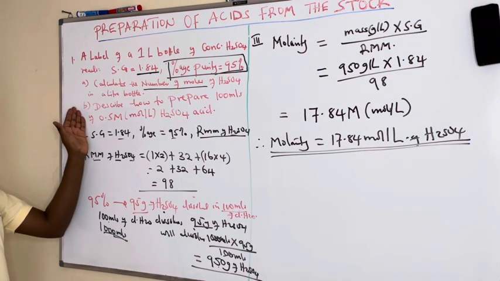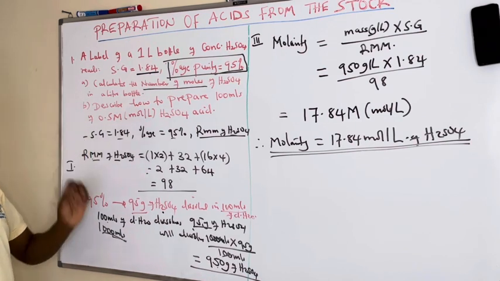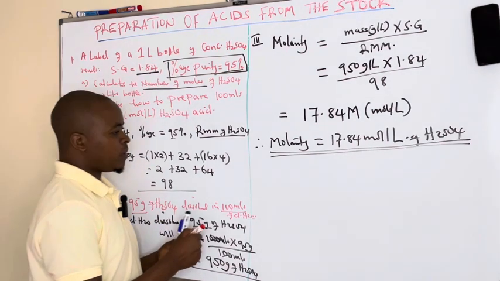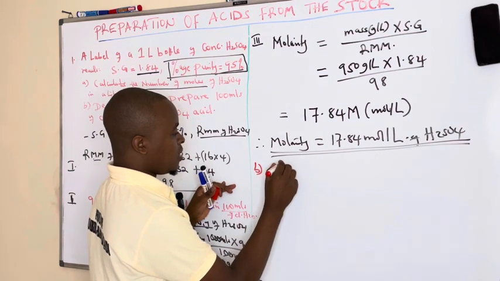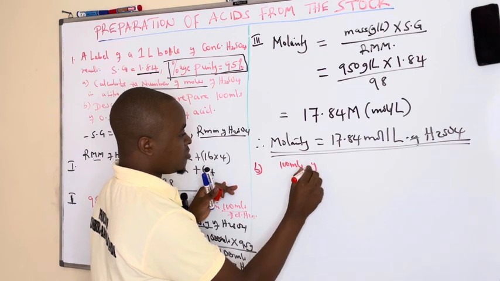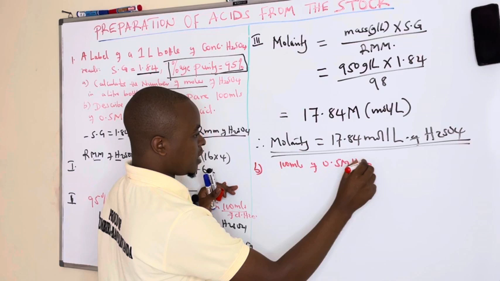Then the second question, which is B, asks us to describe how to prepare 100 mils of 0.5 molar sulfuric acid.